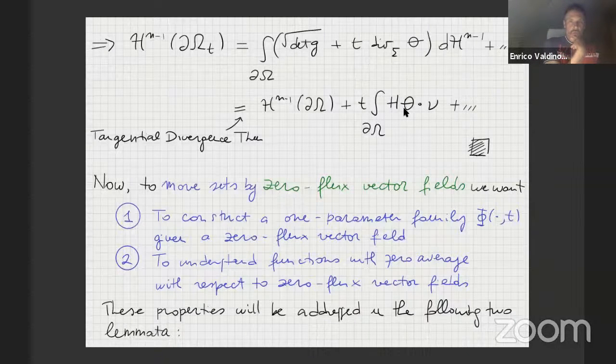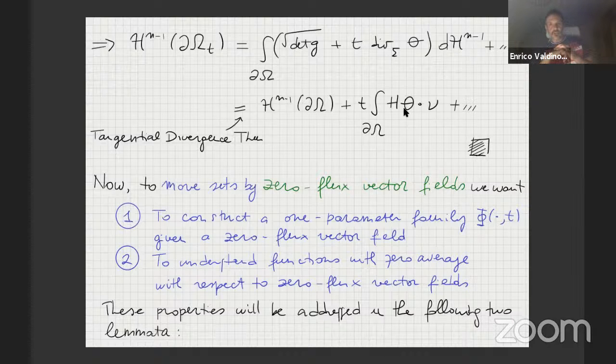So the reason for which I needed this lemma is that since I want to look at the isoperimetric problem, I want to take a set and move it by vector fields, by some diffeomorphism generated by vector fields, which have zero flux along the original set.